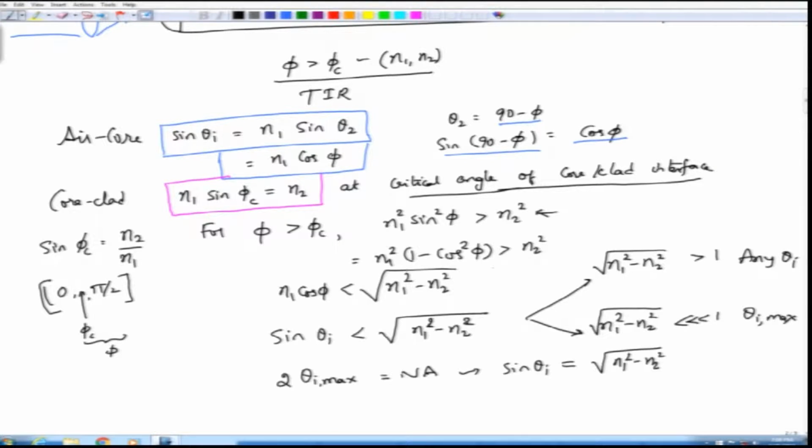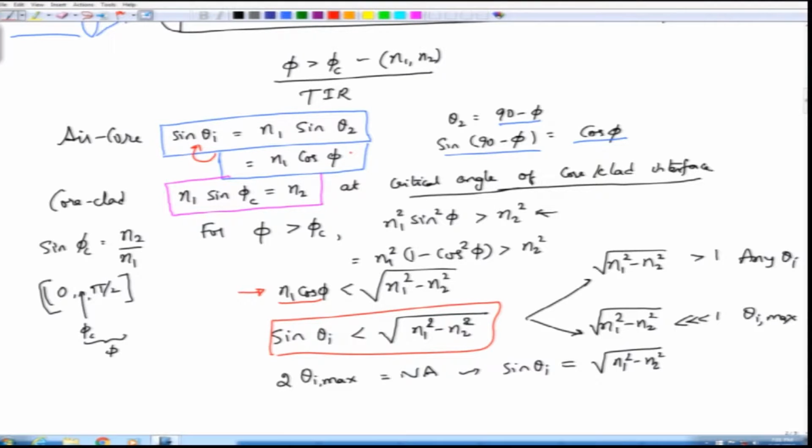Just rearranging this, open up this bracket and pull n2 square to the left, and you will realize that this equation is equivalent to n1 cos phi being less than square root of n1 square minus n2 square. Okay. But I know what n1 cos phi is. n1 cos phi is nothing but sin theta I. Therefore, what I get is sin theta I is less than square root of n1 square minus n2 square.